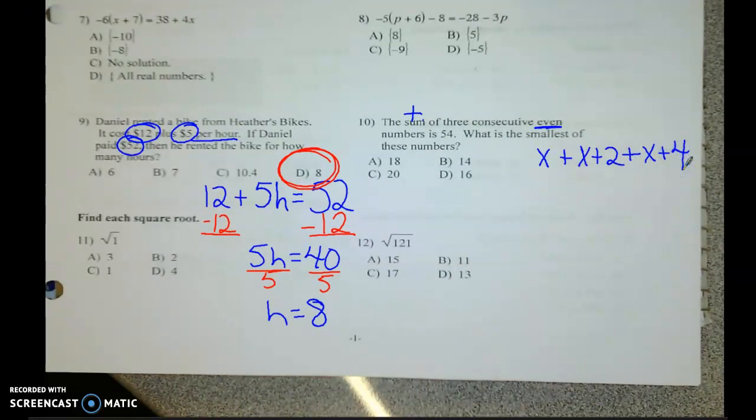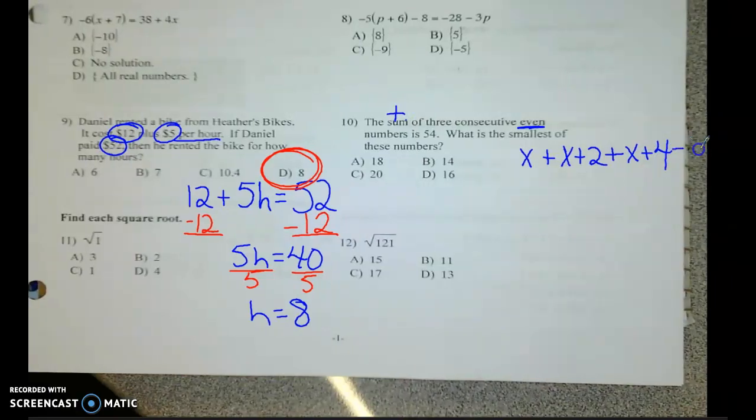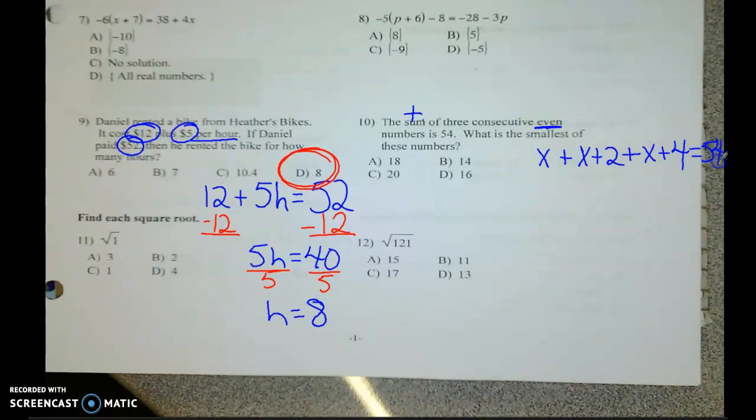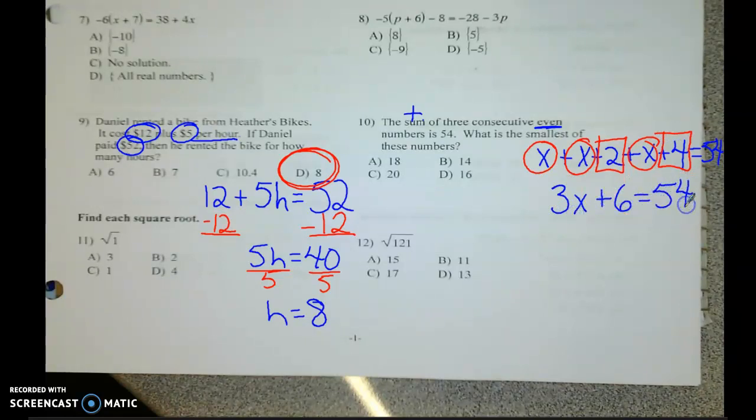And when you add all of those numbers up together, we end up with 54. Now we have an equation to solve. Let's first simplify. Let's combine some like terms. We have all of these x's that we can combine, and we also have our 2 and our 4. Combine our x's, we end up with 3x plus 6 equals 54.